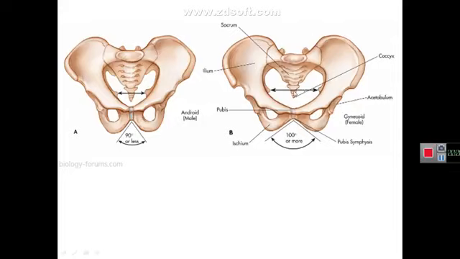You know, the bony pelvis of female should be wider than that of male because the female pelvis should allow labor of the head of the baby, and therefore there are many features that differentiate it from that of male.